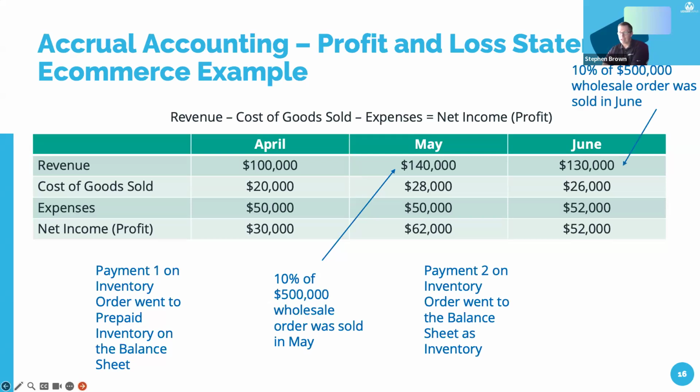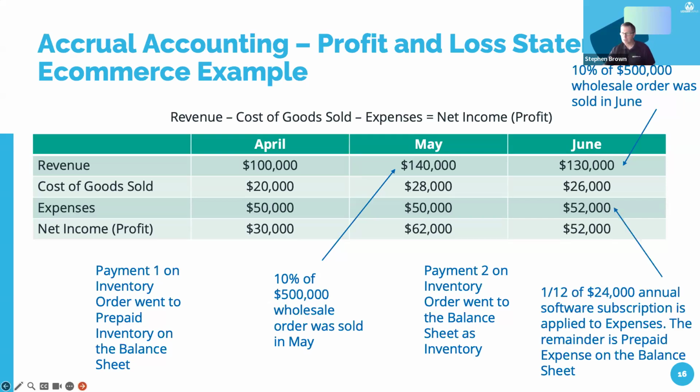And then again, I had another $100,000, another 10% of my wholesale order. I used simple math so we could all follow along, and also that it'd be easy for me to calculate. And then I had another $80,000 of Shopify sales. My cost of goods sold is approximately 20%. But this expense thing, that software that I bought was for a whole year.